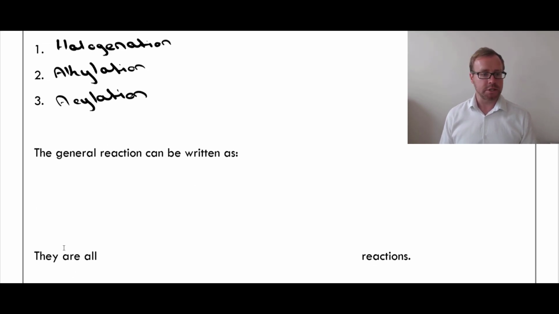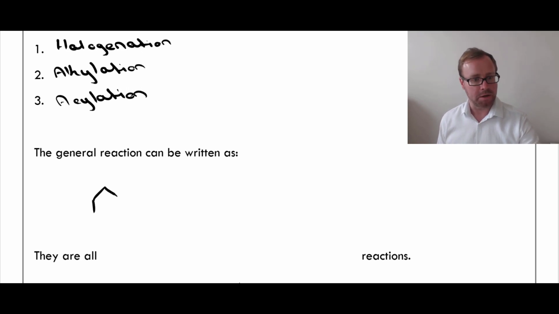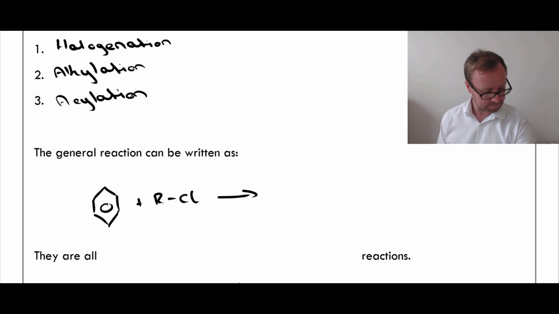So the general reaction can be written as, I have my benzene, my RCl. I'm going to make that slightly bigger because I'm going to have to write over it.